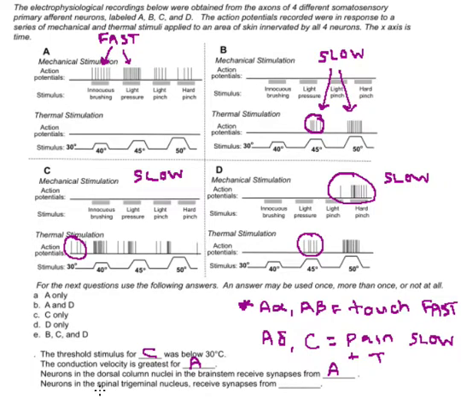And then if we move to the last one, it's a similar question, except this time it's asking about the spinal trigeminal nucleus, which should trigger in our minds that now we're talking about a pathway bringing pain and temperature from the face. So now we're going to be looking at which of these neurons has stimulation or reacts to stimulation for pain and/or temperature.